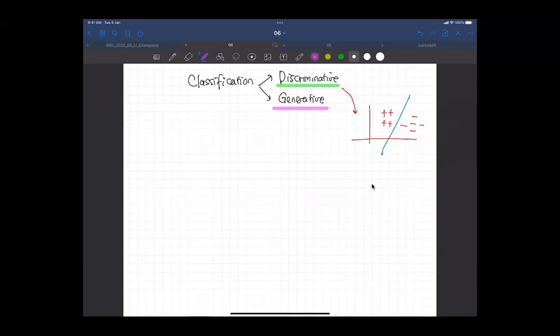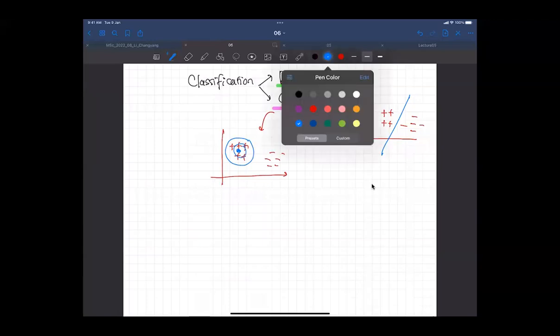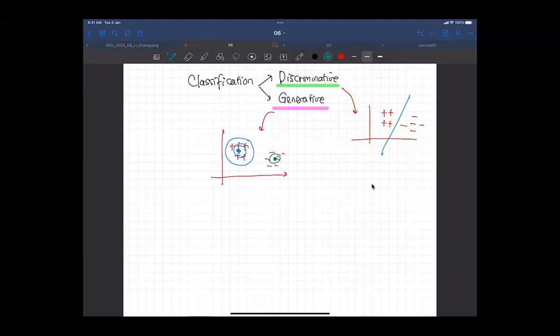In generative, for the same problem, you have positive and you have negative. First, you try to find, for example, the simple case is using Gaussian, you find the mean, and then you find the parameters of that distribution. And for the second class, you find the mean and the parameters of its distribution.